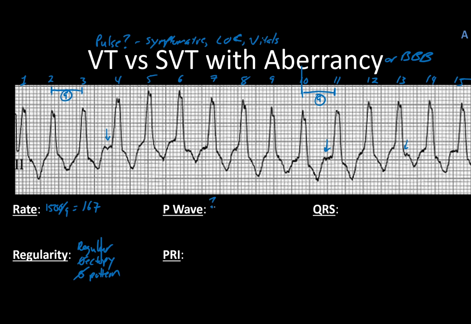So I can say no and wonder about AV dissociation, in that the P waves are occurring, but they're not what's going on. It could be a number of different things. Because of that, I really can't get a PRI done at all, which then leaves us with the QRSs. What can I learn from those? Well, I can say for certain they are essentially uniform.